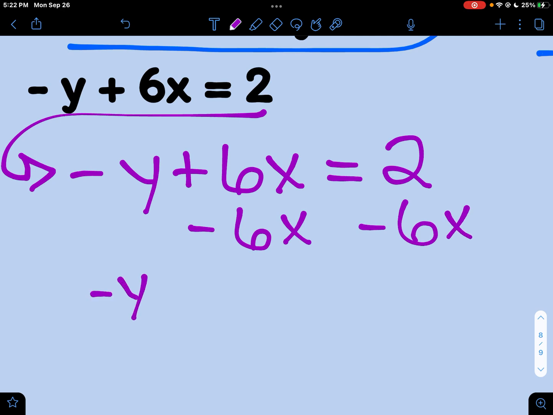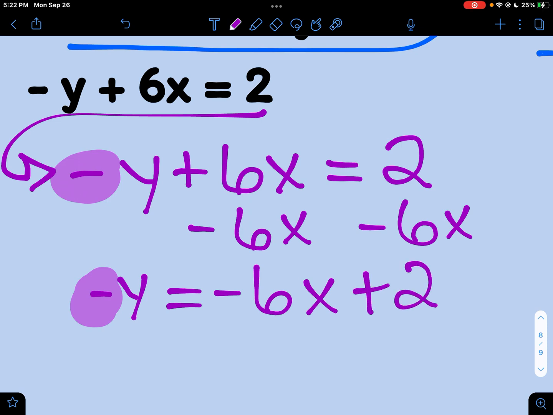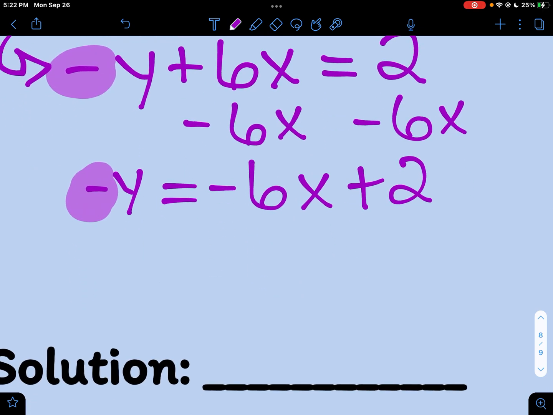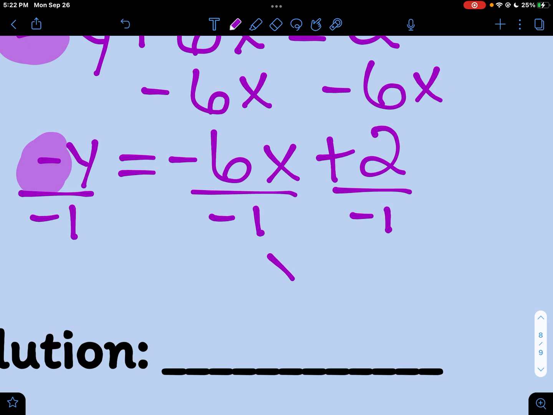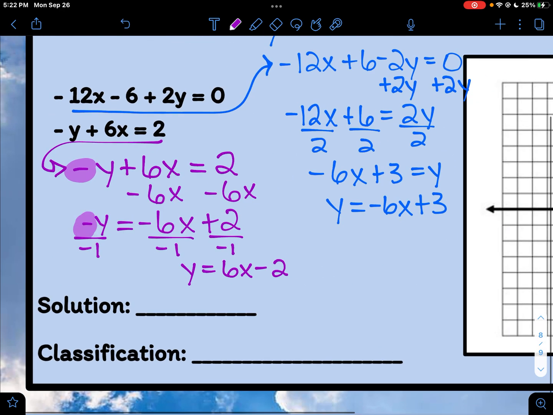Don't forget to bring down the negative y. Y equals negative 6x plus 2. I don't want negative y, I want positive y, so I'm going to divide by negative 1, and I get y equals 6x minus 2.